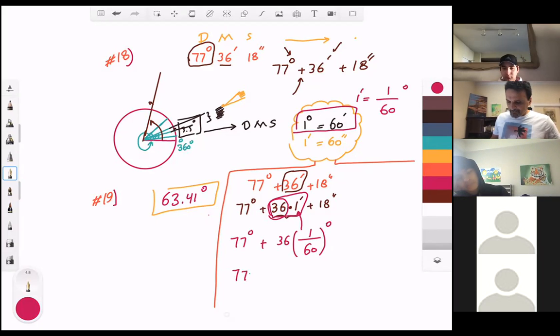So we have 77 degree plus 36 times 1 over 60 gives us 0.6. Is it 6 times 6? 6 over, give us 6 over 10, which is 0.6.